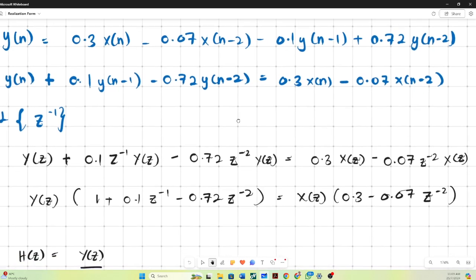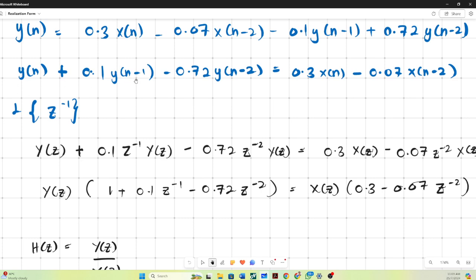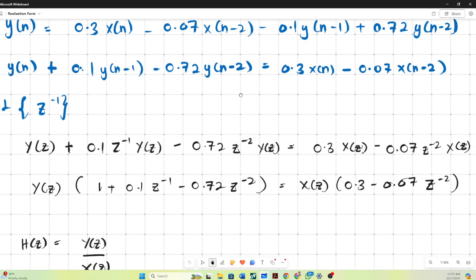to do the realization, we need to convert everything from the discrete time domain into the Z transform. So when we do the transform, y[n] becomes Y(z), and positive 0.1 y[n-1] becomes 0.1 z^-1 in terms of Y(z).